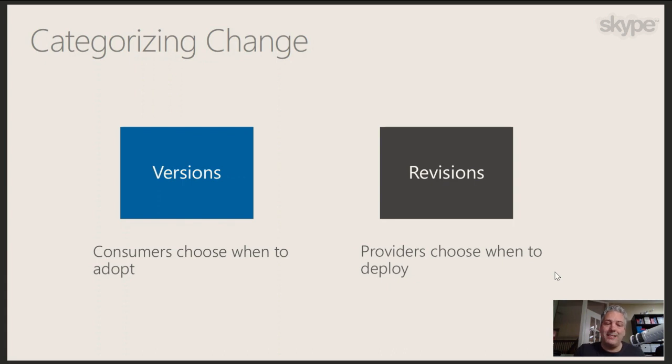But this other type of change, which is potentially more significant, I guarantee that I will introduce a new version so you can choose when to adopt this change. And with establishing this kind of change level agreement, you have the opportunity to build clients that are a lot more resilient to changes that are happening within APIs.